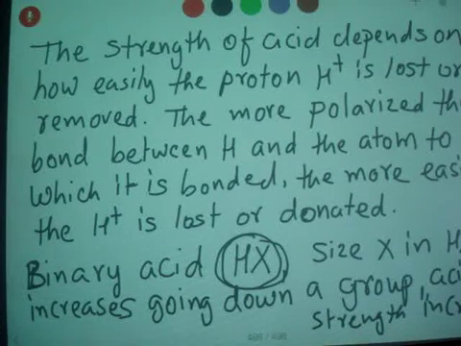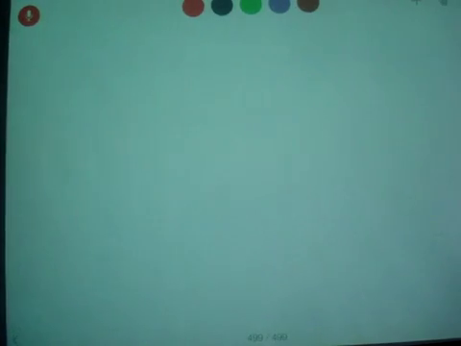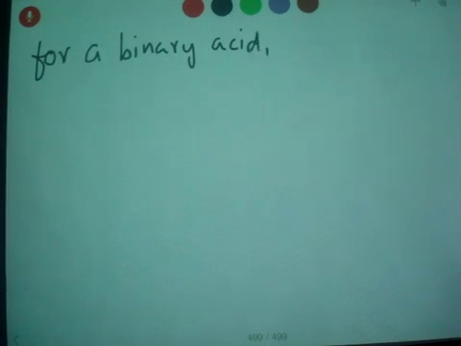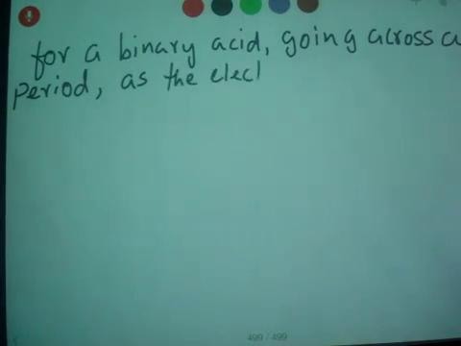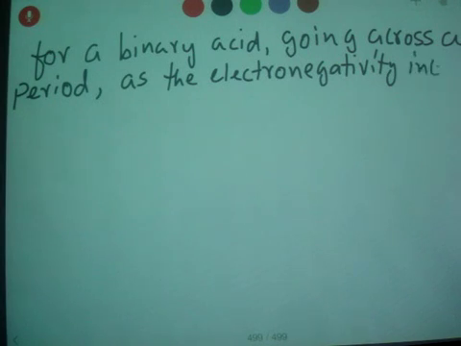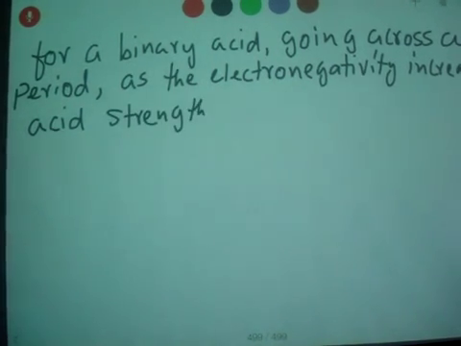And for a binary acid, when you're going across, let's go to the next page. For a binary acid, going across a period, as electronegativity increases, acid strength increases.